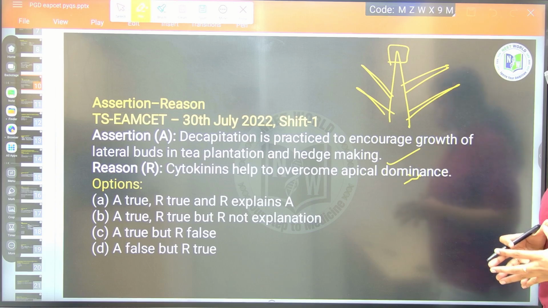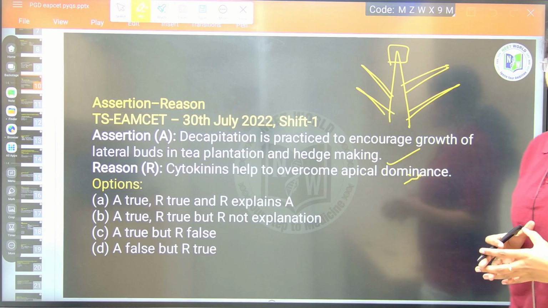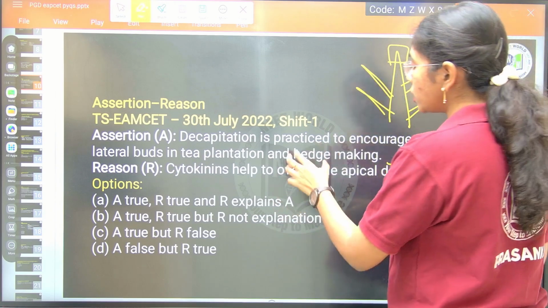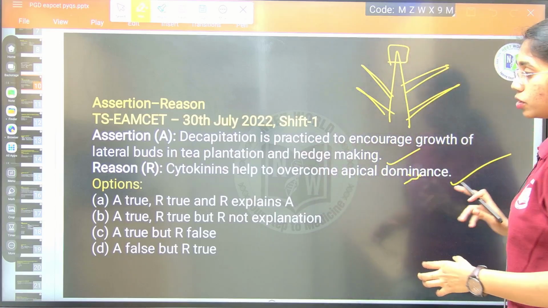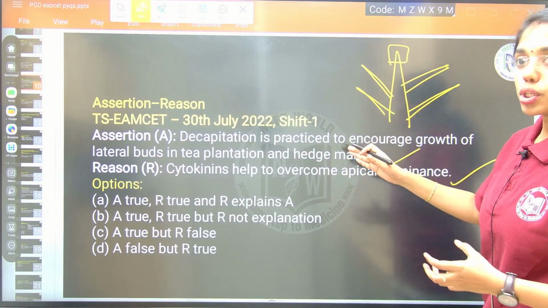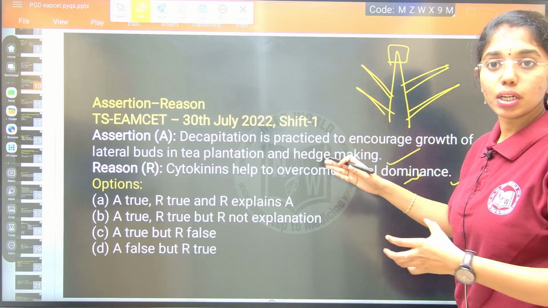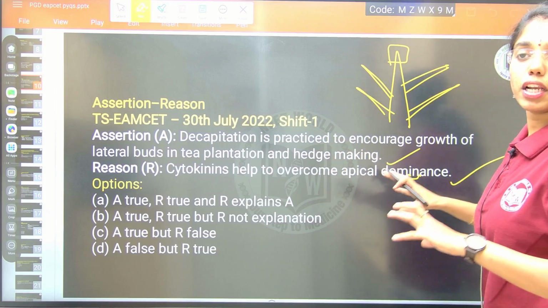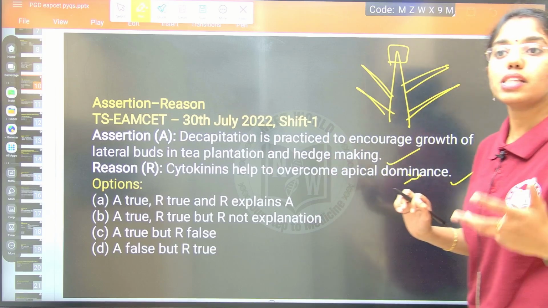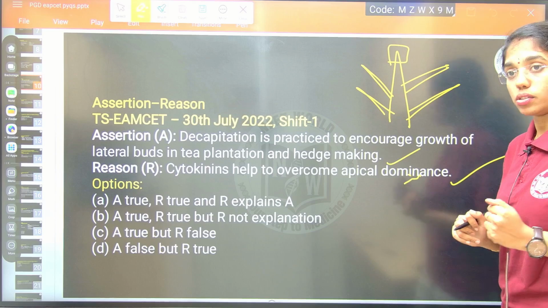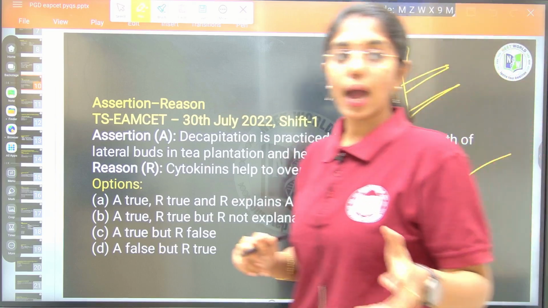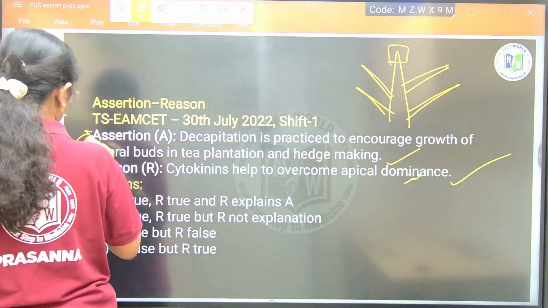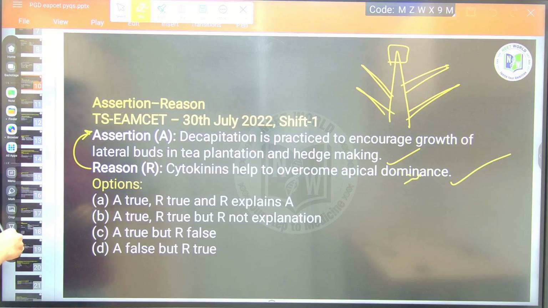So yes, assertion is true. In the reason it is clearly explained: removing apical dominance lets cytokinins act. So the reason is the explanation of the assertion.